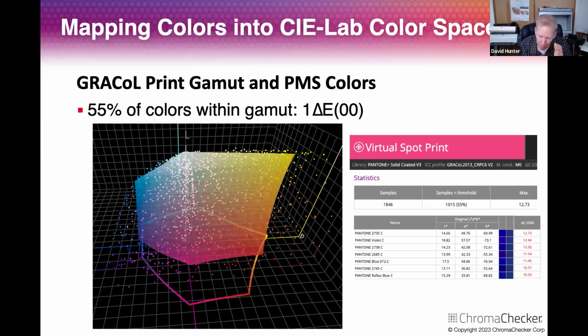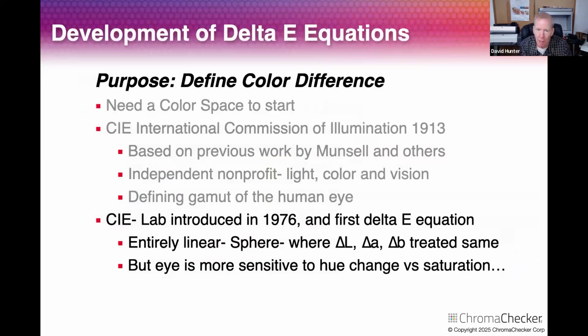It allows us to quantify colors, which makes color communication and setting expectations very useful. Another contribution that CIE has provided the industry is they introduced CIELAB in 1976, along with the first delta E equation, often known as either CIELAB or 76.